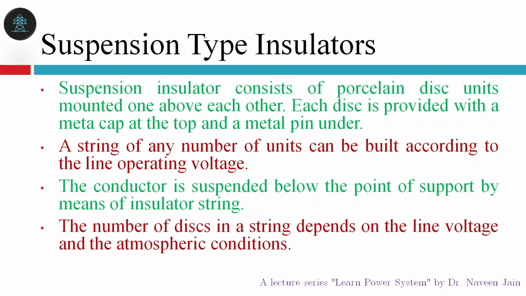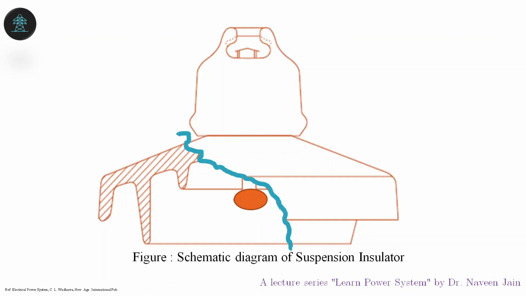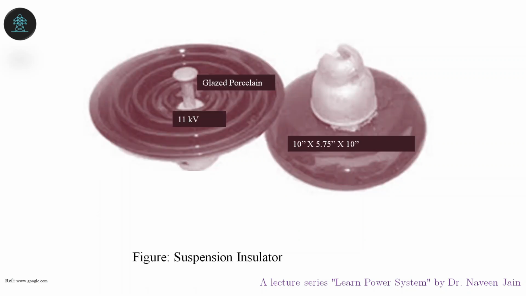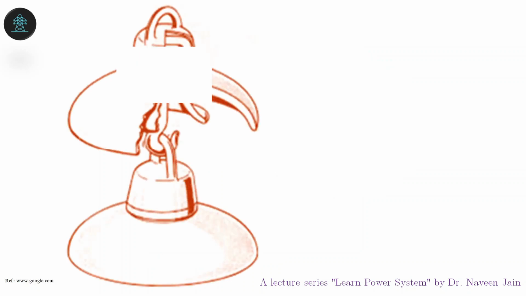The number of discs in a string depends on the line voltage and the atmospheric conditions. This diagram gives you a better understanding of the suspension insulator. Again, you can see the disc insulators from both sides. I think this picture will give you a good understanding of disc insulators. Now, this is the way two disc insulators are connected together.